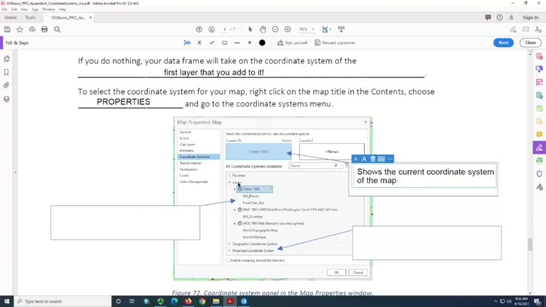Over here, under the layers, you can see which layers are in each coordinate system.